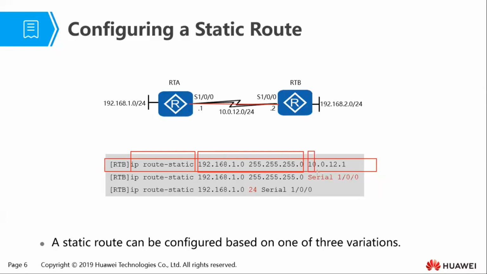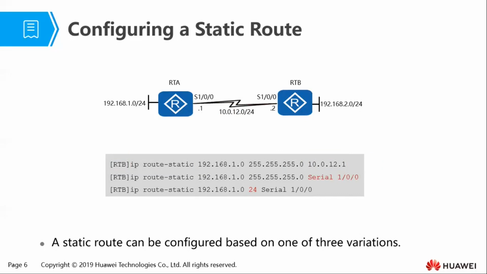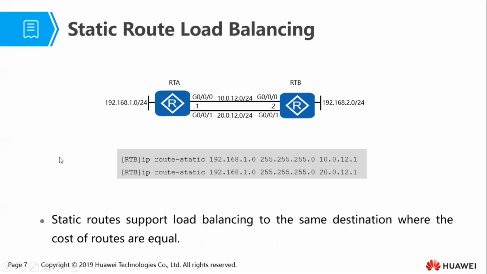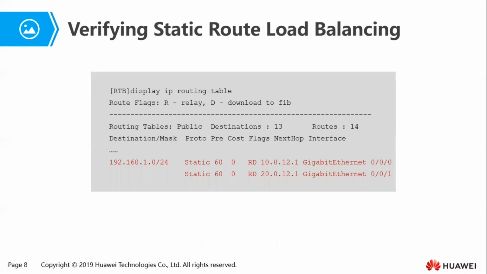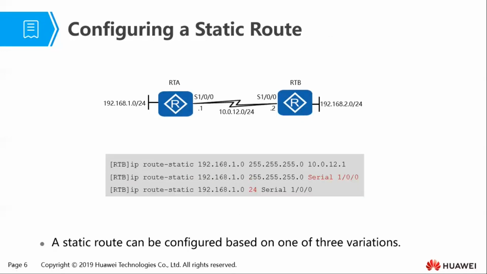Then you specify the next hop. In this case, our next hop is this interface here, whose IP address is 10.0.12.1. I hope that is clear. That is how you configure a static route.